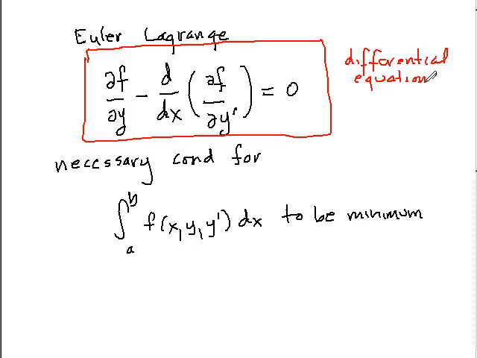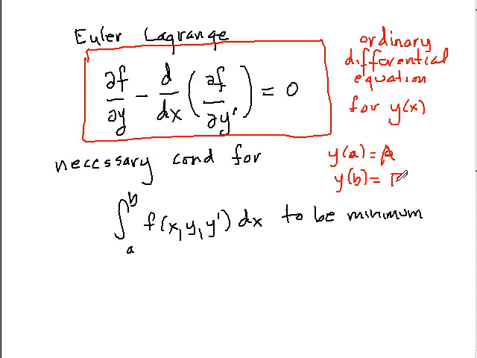It's an ordinary differential equation, nonlinear, for y of x. And with the two boundary conditions that y of a is prescribed, call it capital A, and y of b is some constant. So it's two boundary conditions and then a second order differential equation.